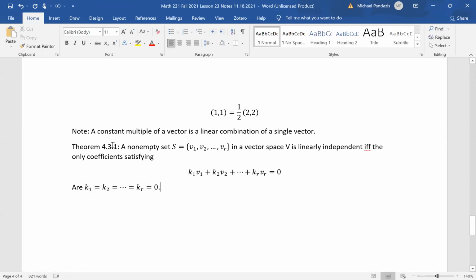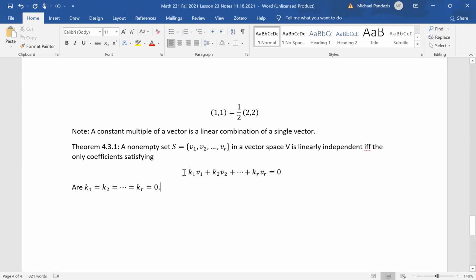Okay. Theorem 4.3.1: a non-empty set S of vectors in a vector space V is linearly independent if and only if the only coefficients satisfying this equation are when all the k's, all the coefficients, are 0.